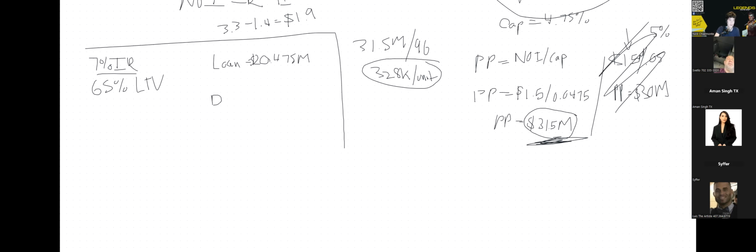As a general rule of thumb, you want a DSCR over 1, because then you'll actually have cash flow. If it's under 1, your NOI can't support the loan. You're paying more money on the loan than you're bringing in.